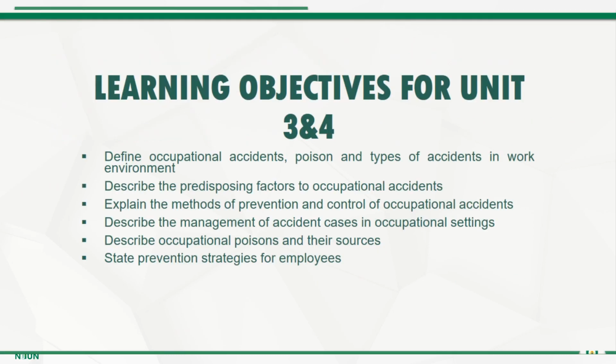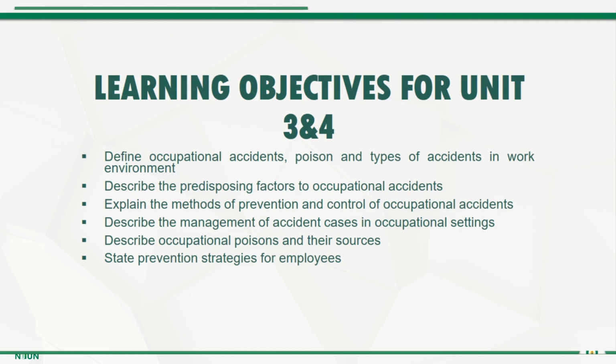The learning objectives or learning outcomes for Unit 3 and 4 are as follows. Learners should be able to define occupational accidents, occupational poison, and types of accidents in the work environment. Describe the predisposing factors to occupational accidents.